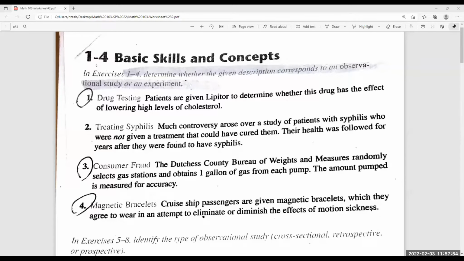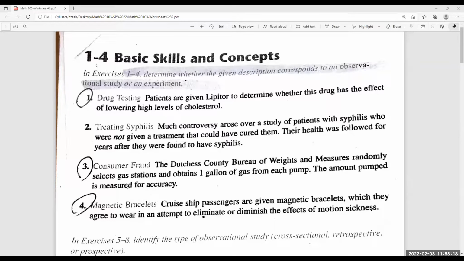So that's worksheet number 2 that we already have posted. Okay, can you see it now? Okay, so what we'd like to do is read this carefully and tell us which type of study do we have. Is it observational, or is it an experiment?